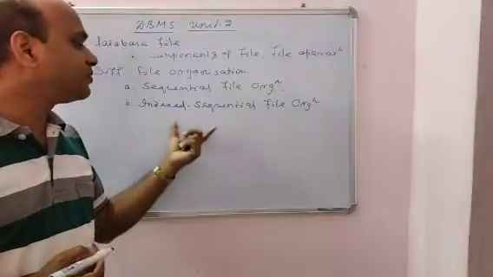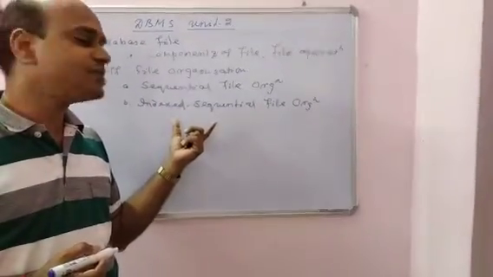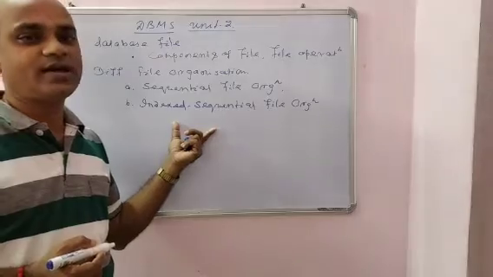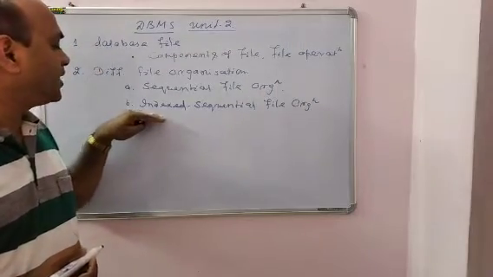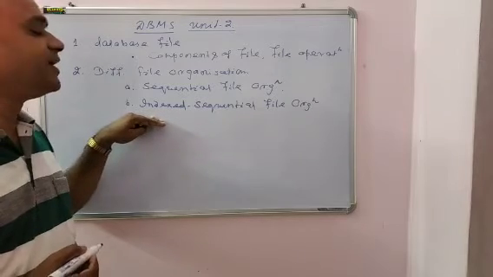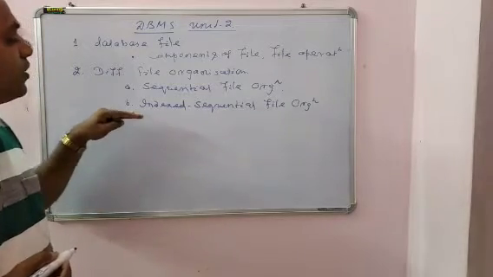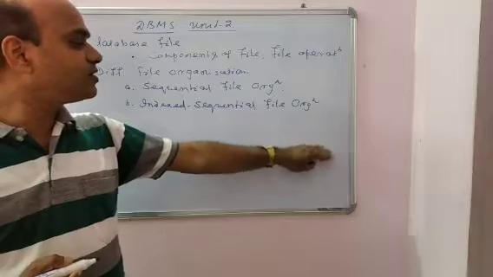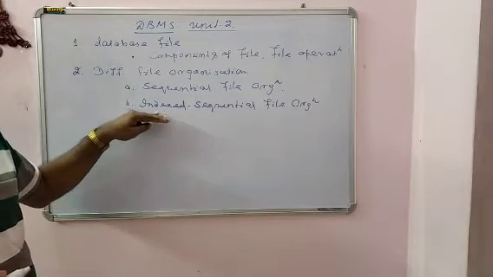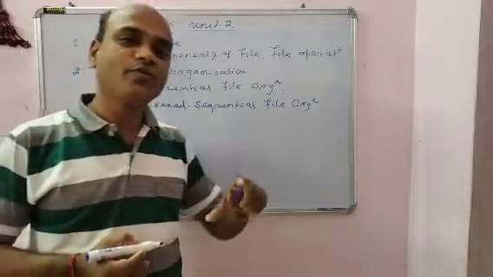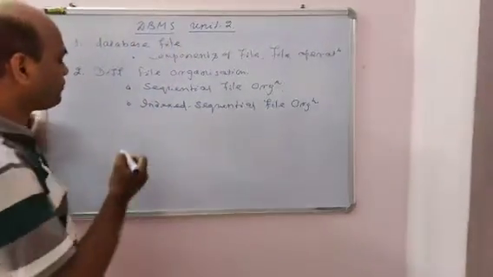Here a large volume of data, a large database can be easily retrieved, can be easily searched by using the help of this index mechanism. So index sequential file organization means the most important thing is the index mechanism. We have already learned there are so many types of index mechanism also.